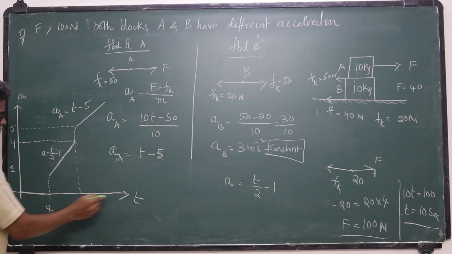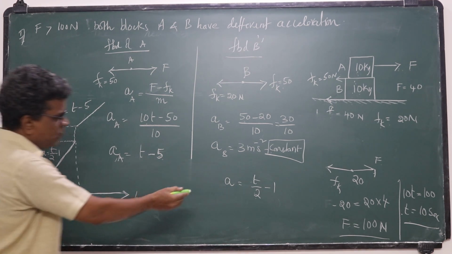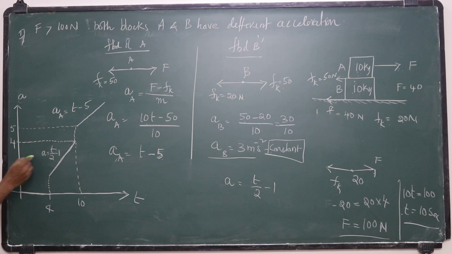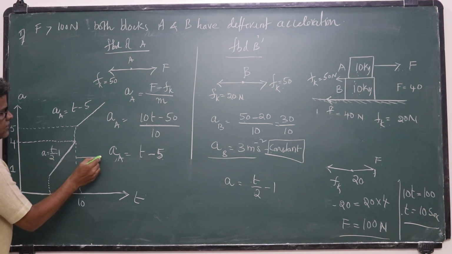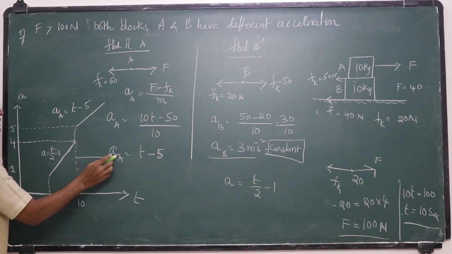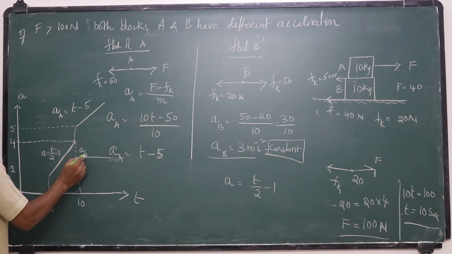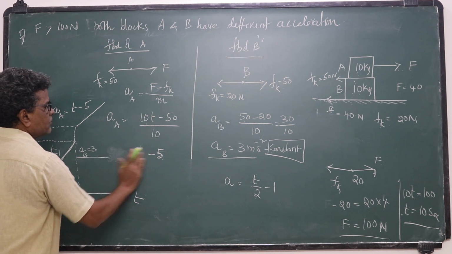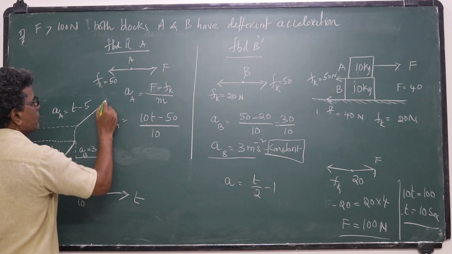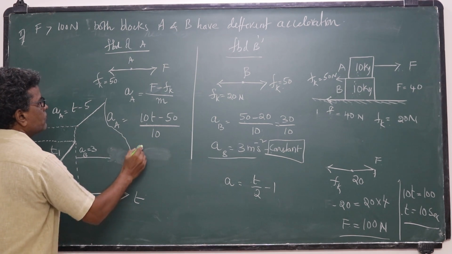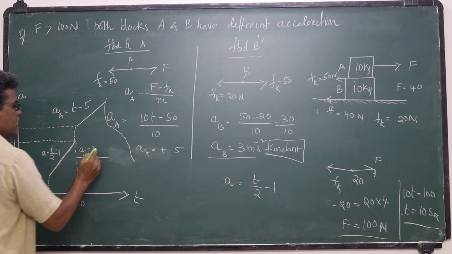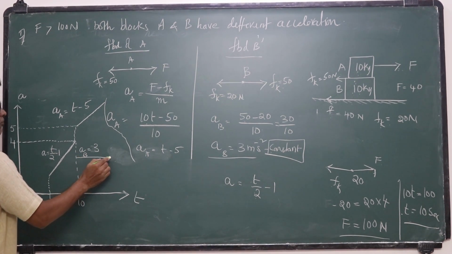And further, what is the acceleration of B? Acceleration of B is a constant 3. So it will be 3 constant like this. So this is the acceleration of B, and its value is 3.